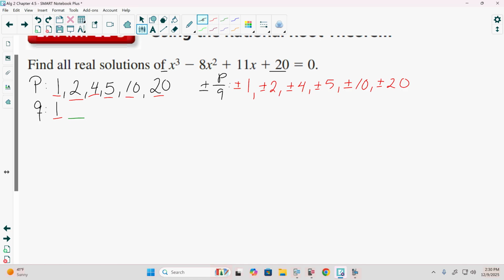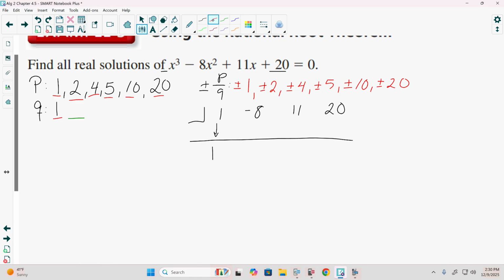All right. Now, the pure math way to do this next is synthetic division. So the numbers going across the top would be our coefficients for this equation, 1 for x cubed, negative 8 for x squared, 11 for x, and 20 for our constant term. We'd bring the 1 down.